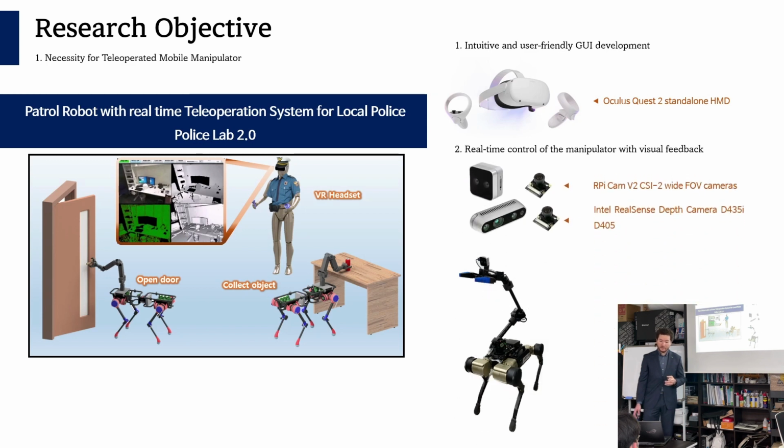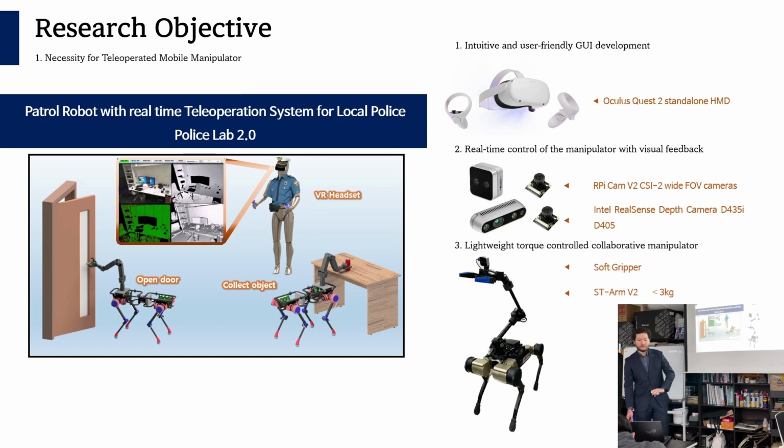Second is to build a real-time control system for manipulating and high-level communication between the system and the graphical user interface application. The third is to design and build a lightweight robotic arm and gripper. Last but not least, integrating this manipulator with a quadrupedal robot, which is the Rainbow Quadrupedal 3.